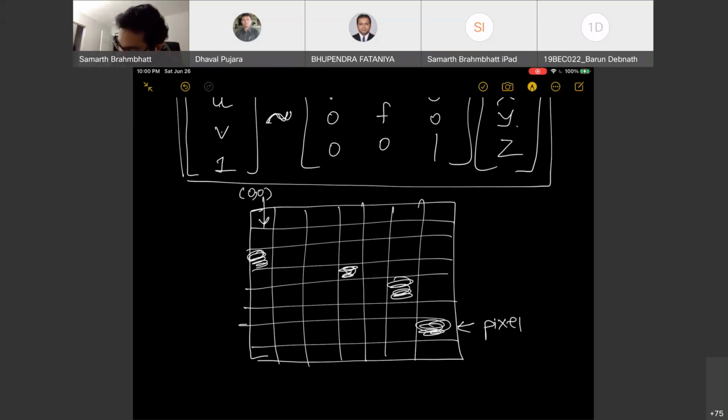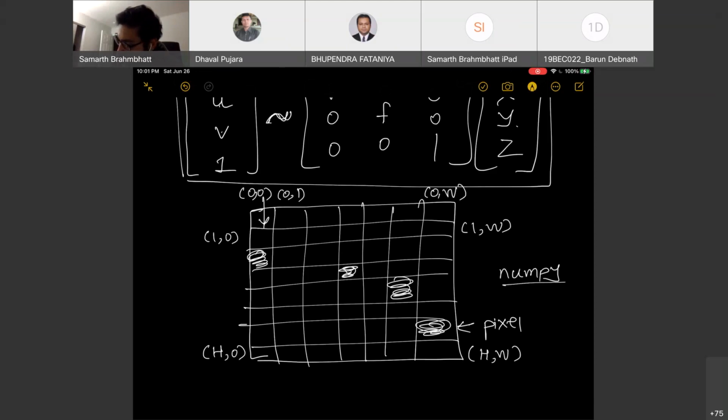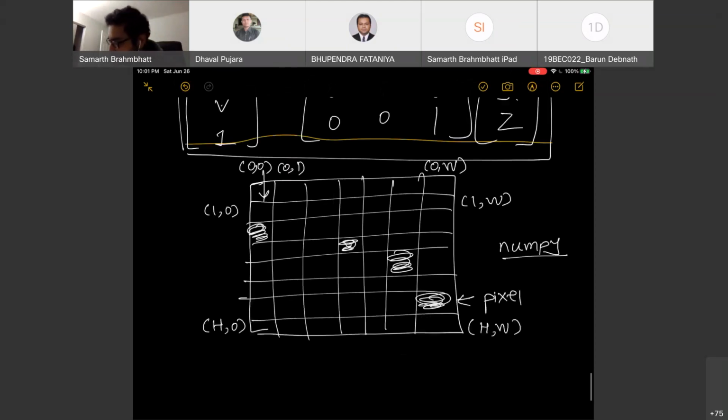So this is 0, 0, and this is 0, 1 up to 0, width. And now this is 1, 0 up to 1, width. And now we have our height, 0 and height, width. So this is how an image is stored inside a computer. You might also store it in NumPy or something like that.